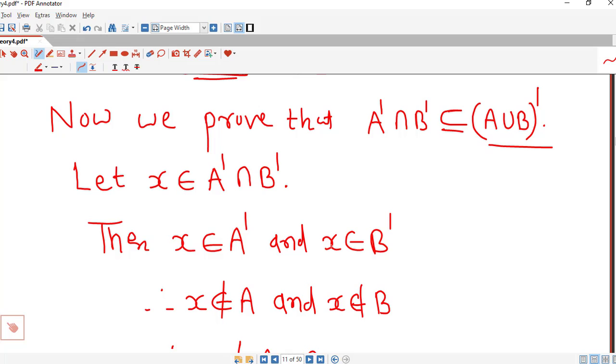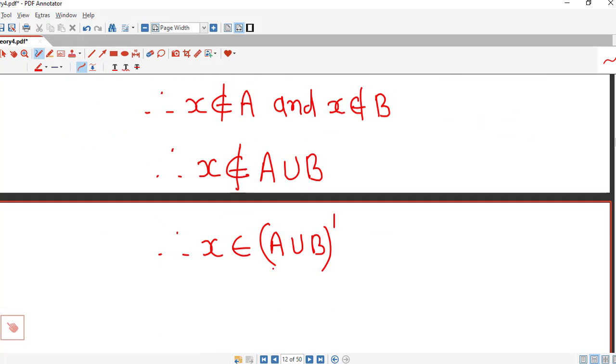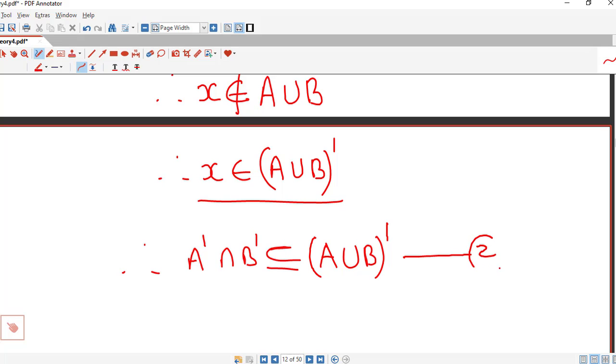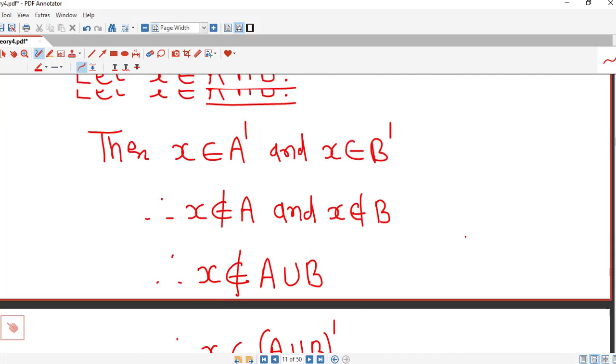So we had taken X in A dash intersection B dash, and we show that X is present in the complement of A union B also. Therefore A dash intersection B dash is a subset of complement of A union B. So we give this number 2.